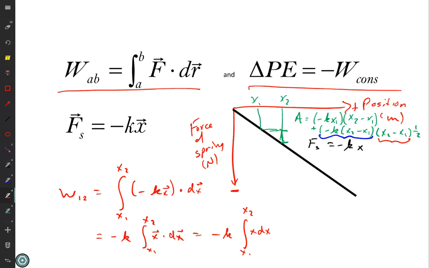It's easy if they're parallel or perpendicular. If they're somewhere in between, then we have to do a little more work. So now everyone here can do this integral, right? So we have our constant out front, minus k. Integral of x dx is x squared over 2. And then we have to put our limits on this.